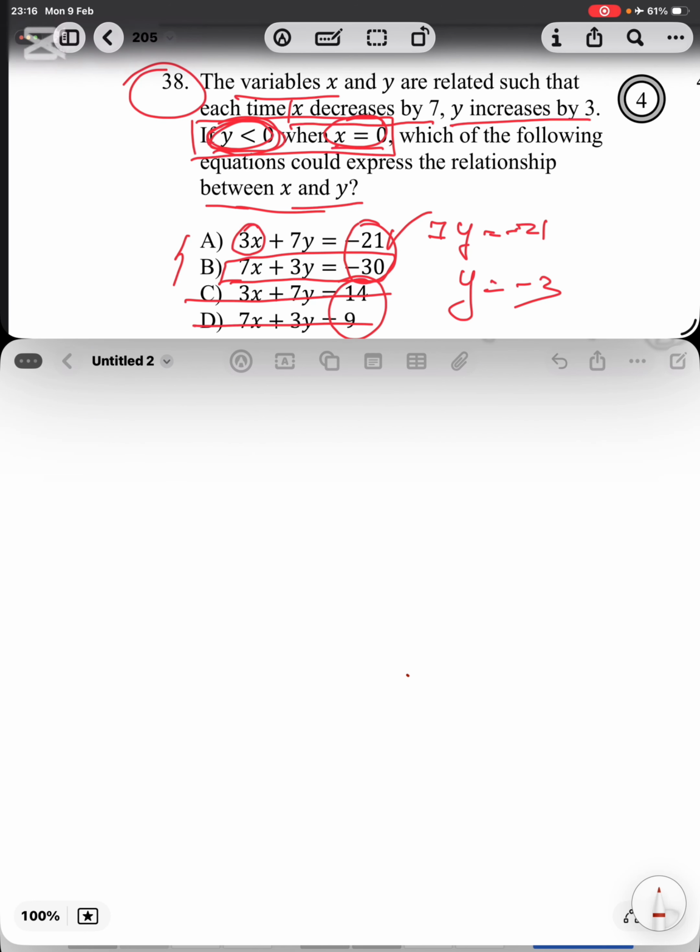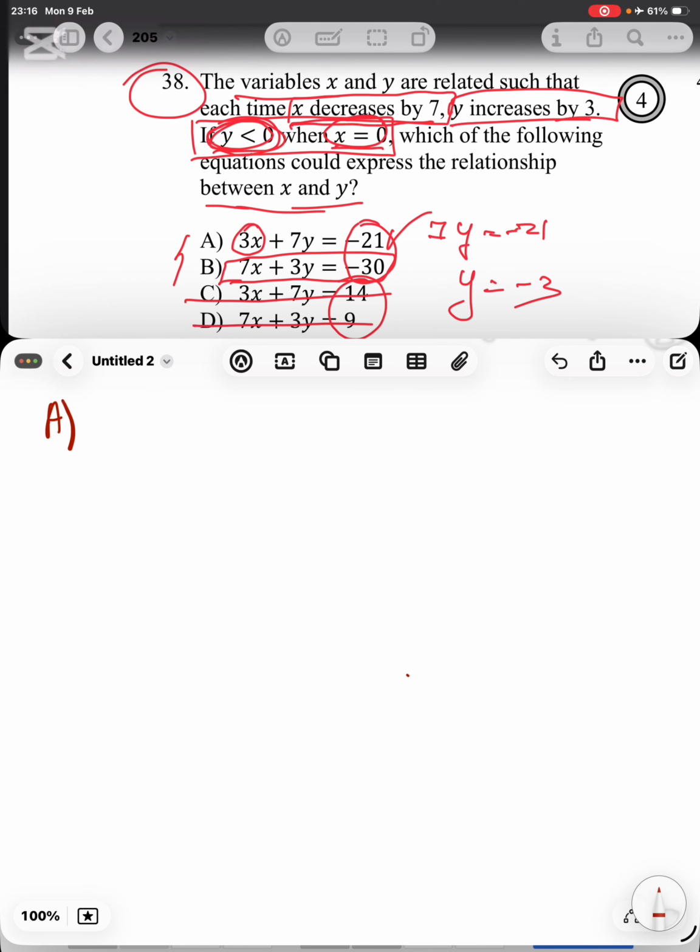It says that x decreases by 7, y increases by 3. So now let's select a choice here. x decreases means you have to simply subtract 7 from the value of x. Then y increases by 3 means you have to increase the value of y by 3, and it equals minus 21.